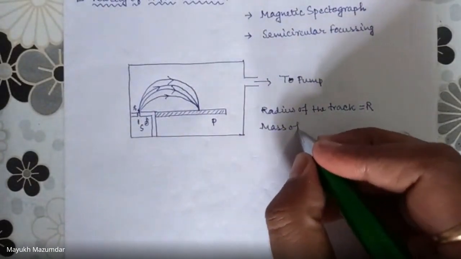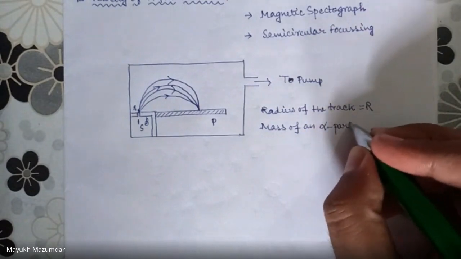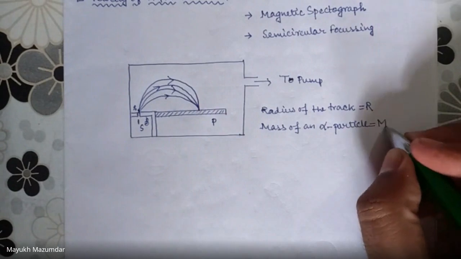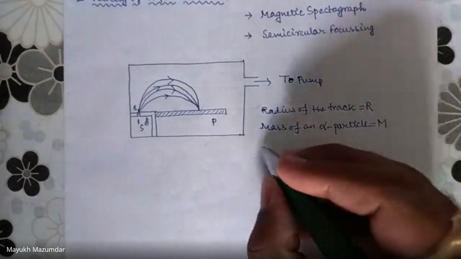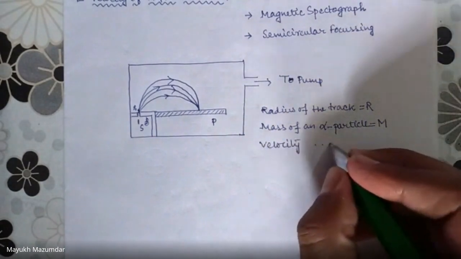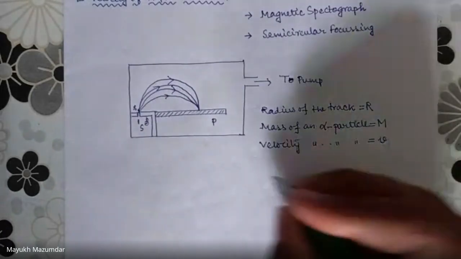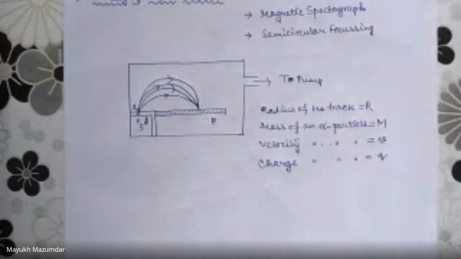Mass of an alpha particle is say capital M. Its velocity, which we intend to find, is v. Charge is q.